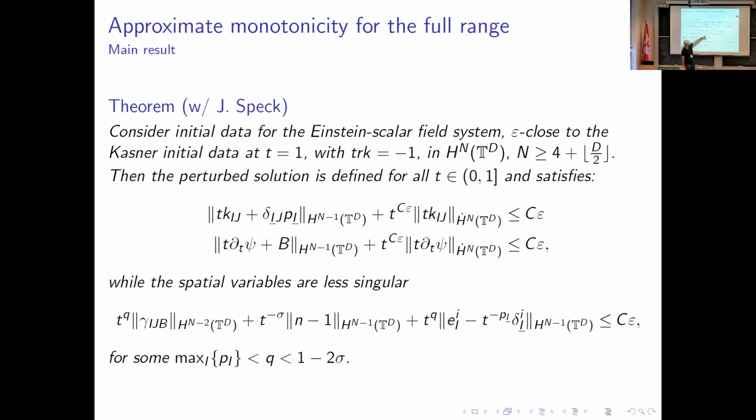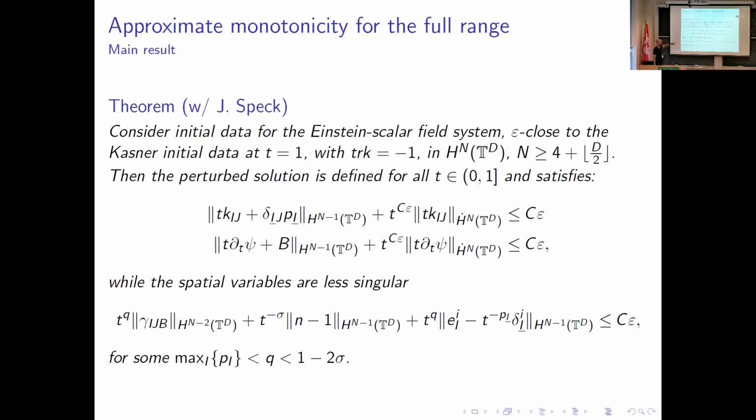So basically, for up to n-1 derivatives, you have the optimal estimate for k, and hence for the final Kasner exponents, and you lose a little bit at the top order. And the spatial derivatives are just less singular in some sense, which is enough. This is what you want for getting singularity formation.